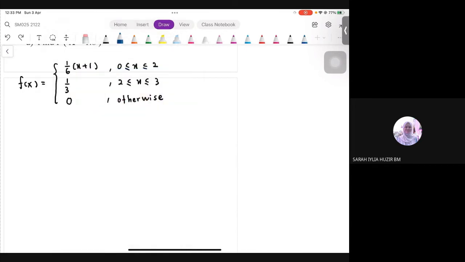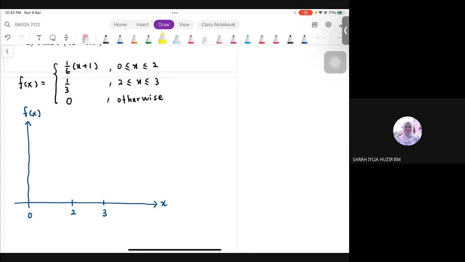Always label your x's. So x-axis is x, y-axis here is name of our function, here is fx. So I use fx here. Next, just label value of your x. So we have 0, 2, and 3. Okay. Now, just substitute value of x into the function.